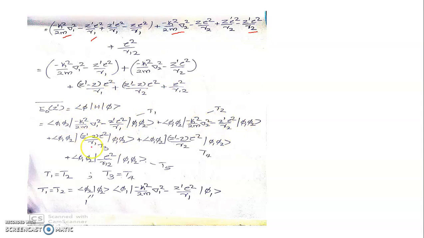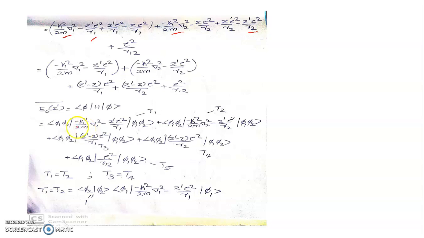This is for the interaction addition, where we have accounted for both these terms, marked as T3 and T4, and this is the energy corresponding to the interaction potential. So this is the scalar product phi1 phi2 with the Hamiltonian of the first electron, plus the one marked T2, the one marked T3, the one marked T4, and finally the one marked T5.